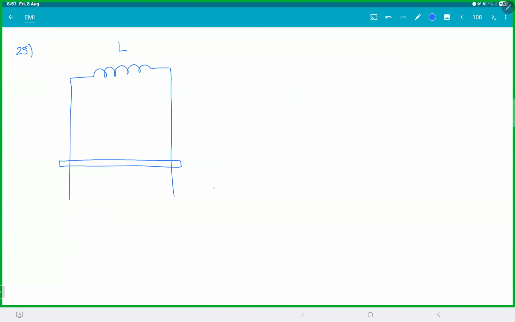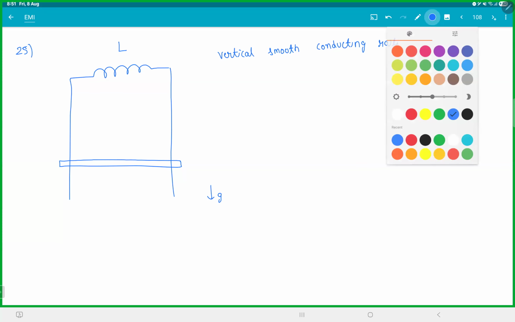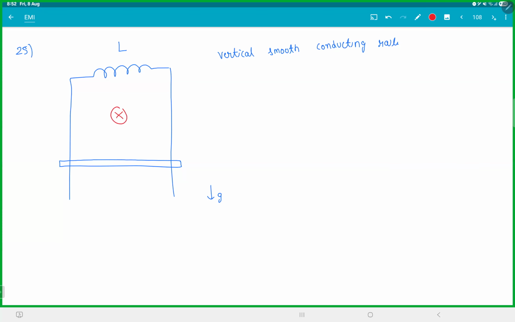So we have an inductor, we have gravity, vertical smooth rails. There is a magnetic field B here. Mass of the rod is M. Length of the rod is L, and it is released from rest.